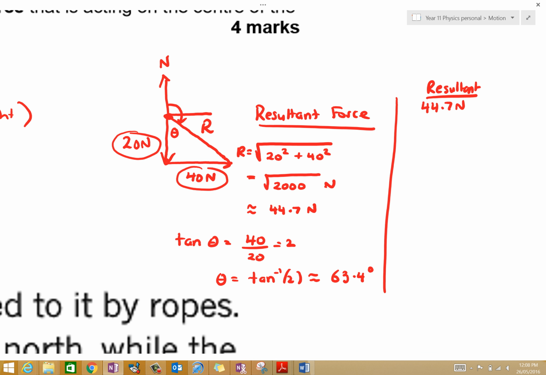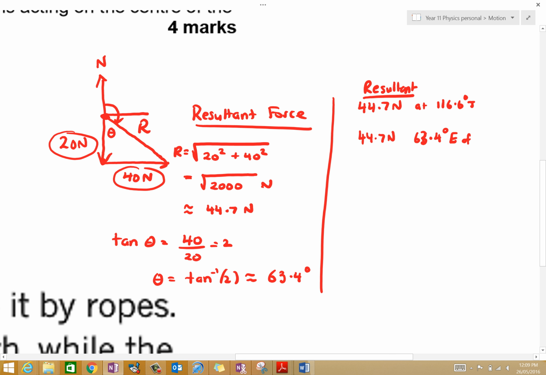About 116.6 degrees true, if you like, a true bearing. Or we could say that it's 44.7 newtons, and that it's 63.4 degrees east of north.